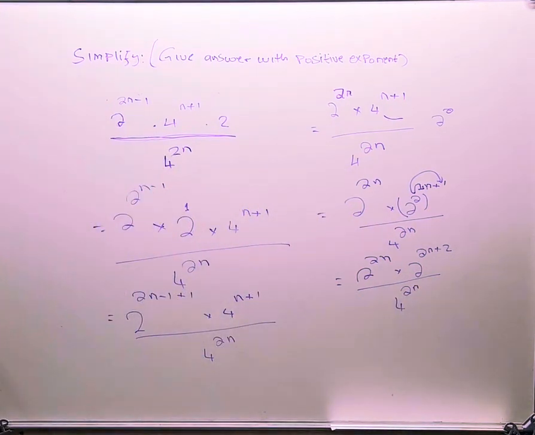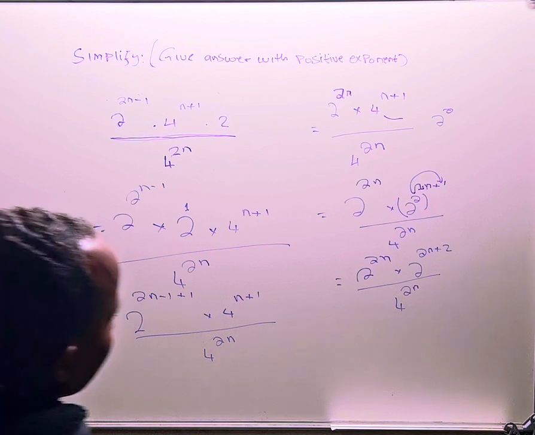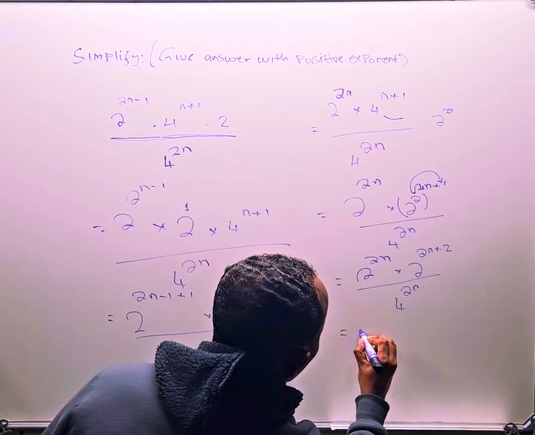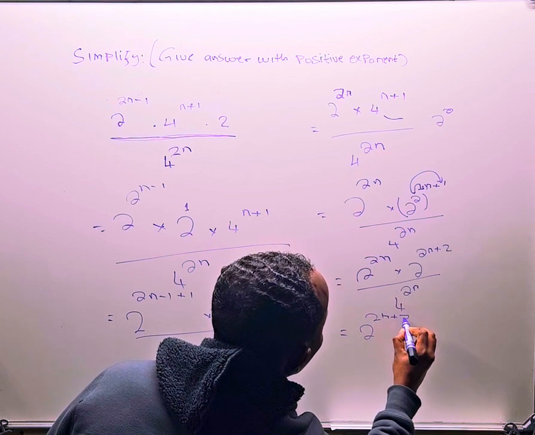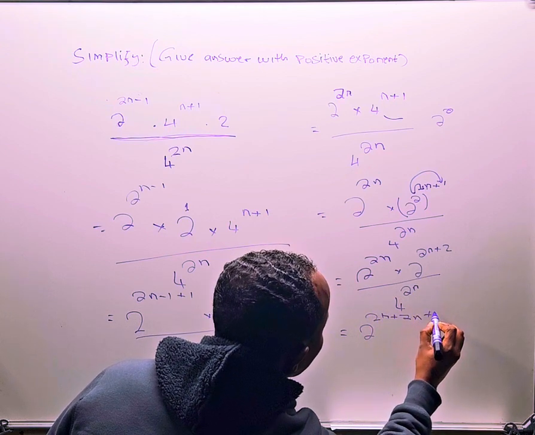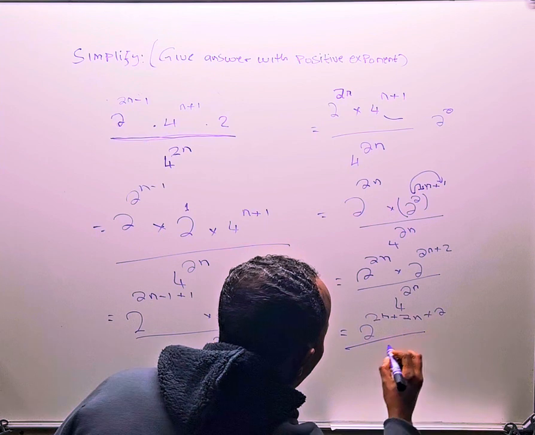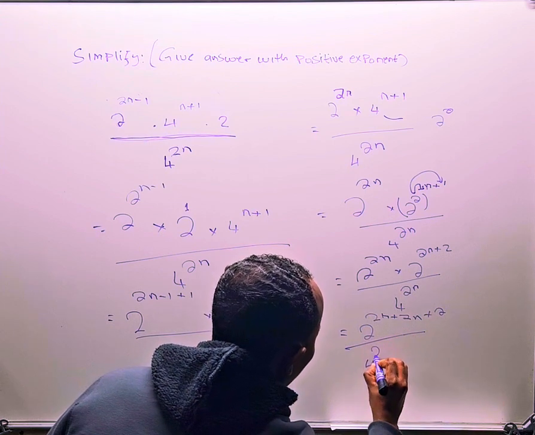Now I don't have any problem on top, in my numerator. Why? Because I have the same base and I am multiplying. I can therefore just straight simplify. This simplifies to 2 to the power of 2n plus 2n plus 2, over 4 to the power of 2n.